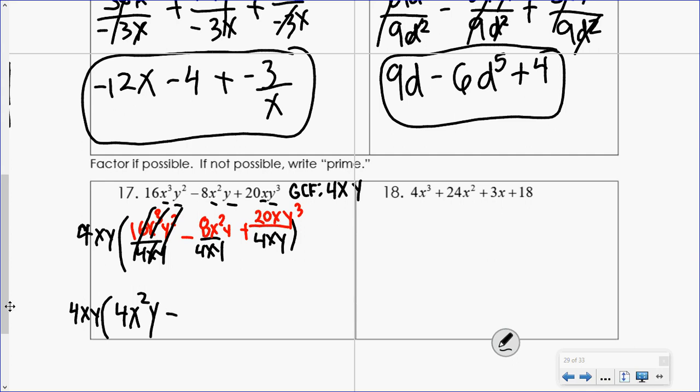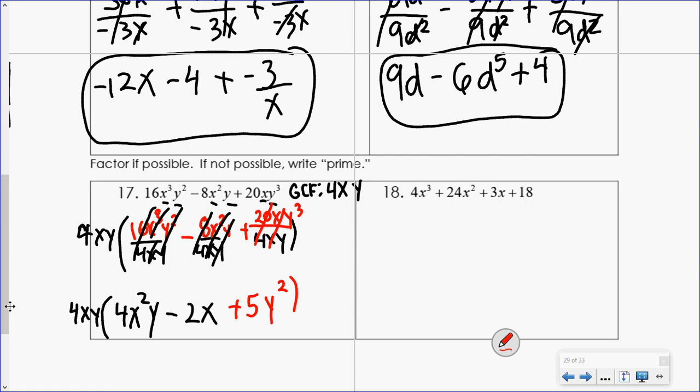Minus 8 divided by 4 is 2. X squared divided by x is x. Y divided by y is just 1. Next I have 20 divided by 4 is positive 5. X divided by x is just nothing. Y cubed divided by y is y squared. And there's my final answer. I can't do anything else because of those variables. And that's all I can do, guys. So be careful, be cautious, and wary when you're working with these.